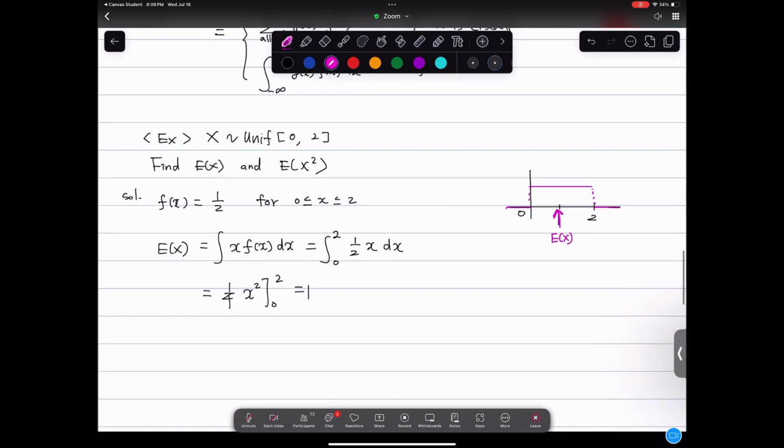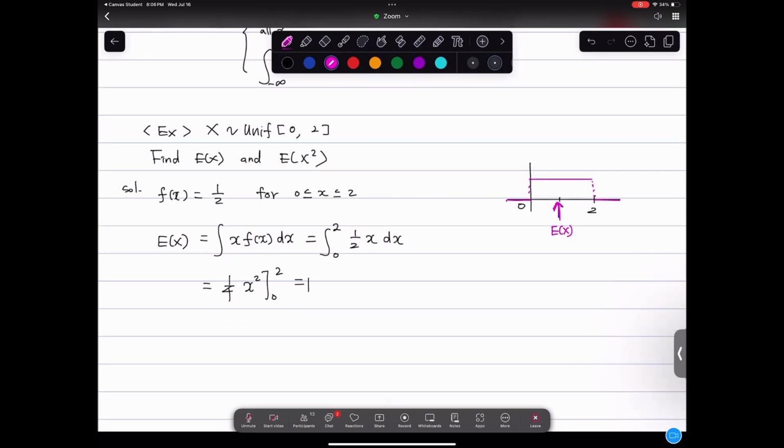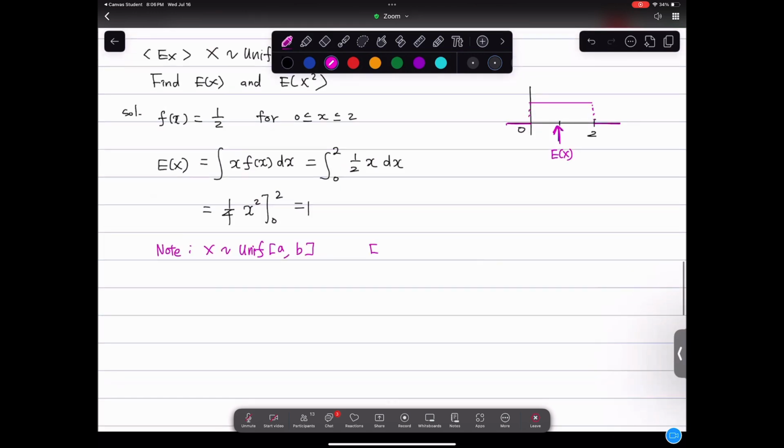So let's get the facts on the side. For x being uniform from A to B, then E of x must be right in between A and B, so (A plus B) over 2, the average of the two. So I want to get this E of x squared.